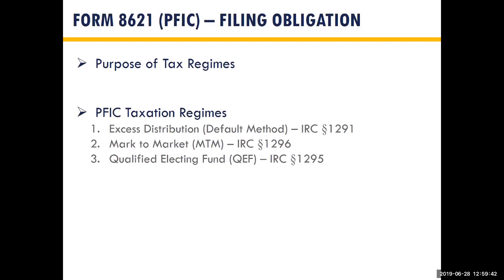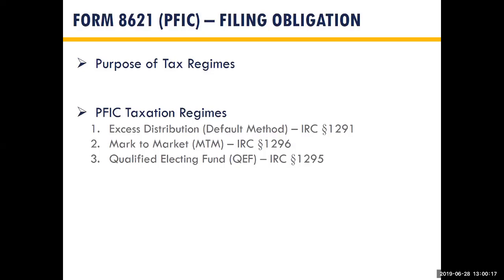The default method is the excess distribution method, which is under IRC section 1291. Really, why the US cares what a PFIC is: people will dump investments in a foreign mutual fund or a foreign brokerage account, and basically the income earned from those accounts gets reinvested and never gets distributed.